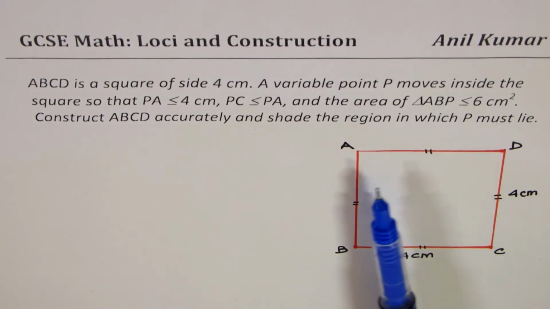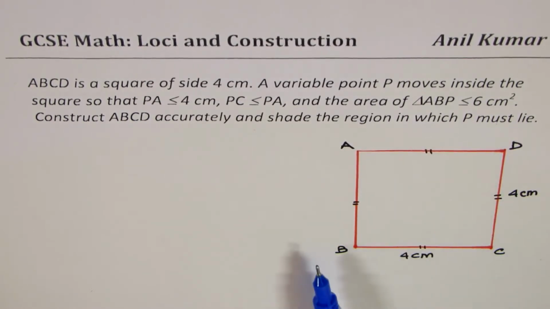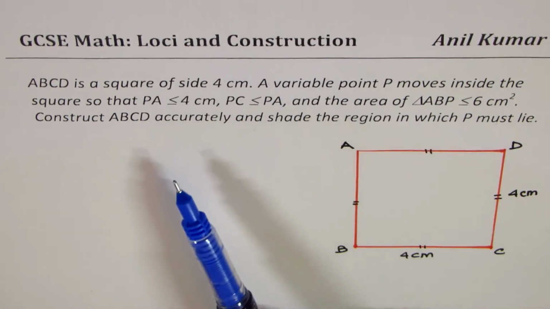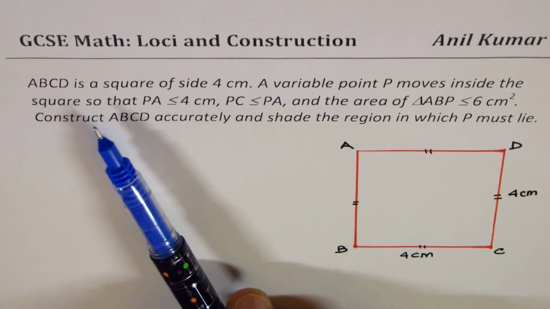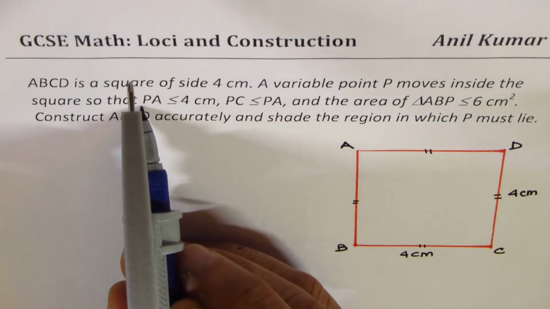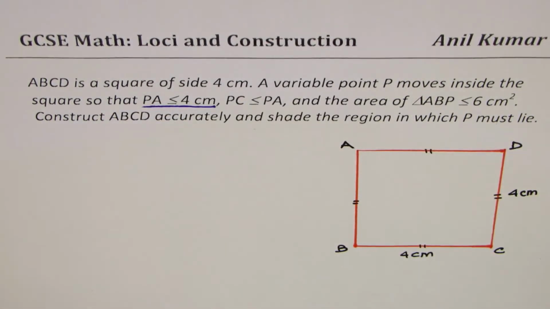So what we have done here is actually already constructed this square. So this part I kind of ignored. We'll concentrate on shading the region, right? Okay. So the two conditions given to us are, the first one here is that PA is less than equal to 4 centimeters.